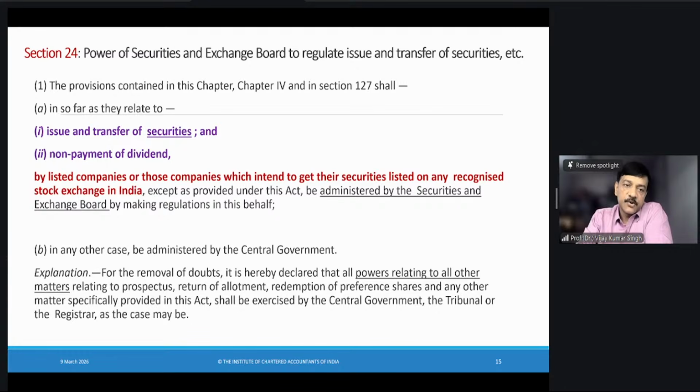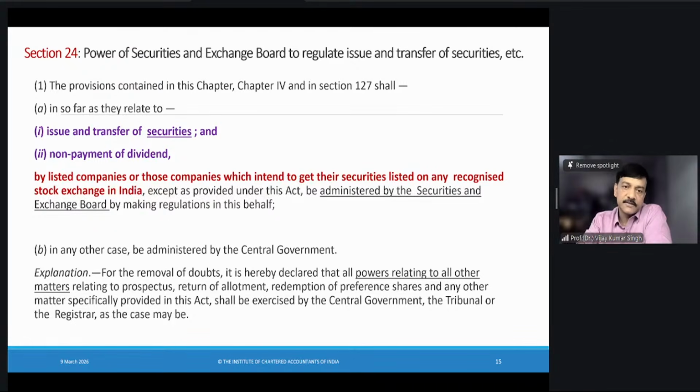It says the provisions contained in this chapter, that is chapter 3, chapter 4, and in section 127 shall, insofar as they relate to, there are two items which it is talking about. That is issue and transfer of securities and non-payment of dividend.